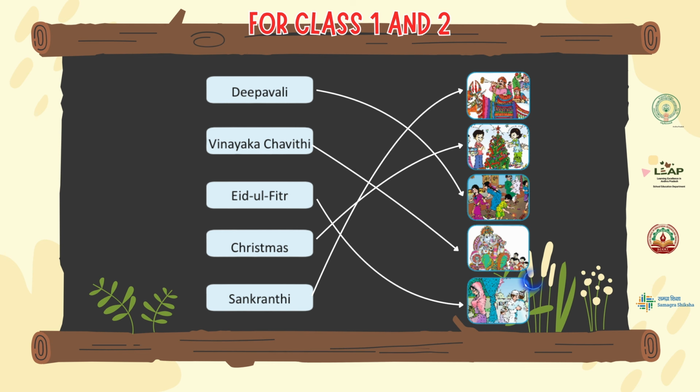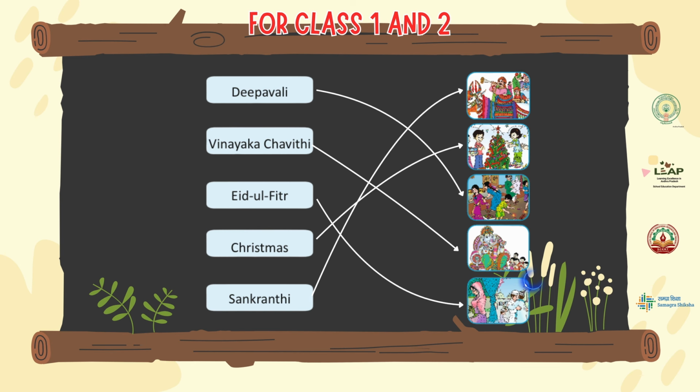So far, we have learned some new names related to festivals. First one is Deepavali, the festival of lamps and lights. Vinayaka Chavati festival is related to Lord Ganesha. In Eid ul Fitr, we know about the moon and mosque.